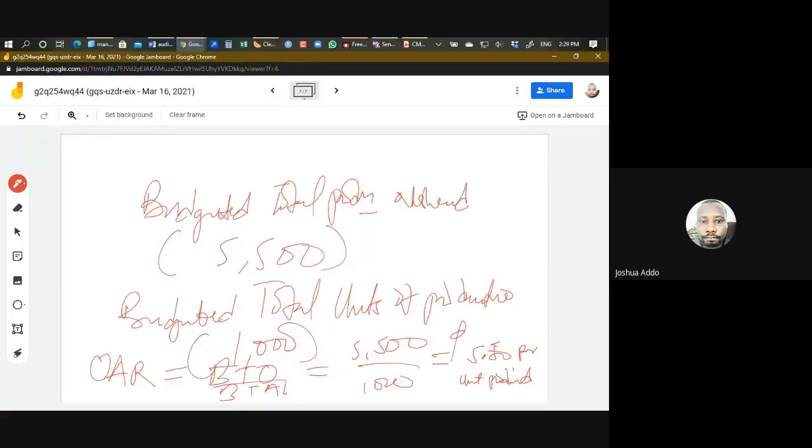If the basis is labor hours, assuming this 1,000 were labor hours, then this 5.5 would have been 5.5 cedis per labor hour. So it is not straight away per unit. Because the basis is labor hours, you will get a charge per labor hour. Then you convert the charge per labor hour into charge per unit.